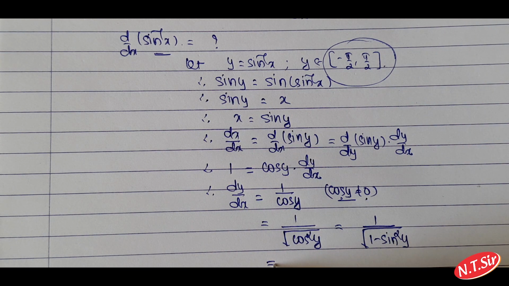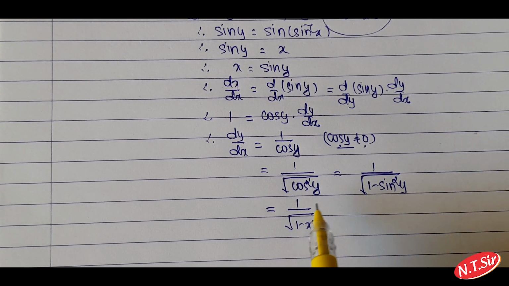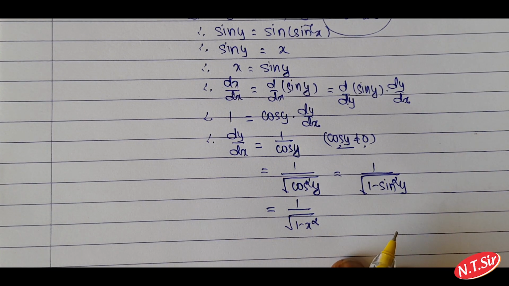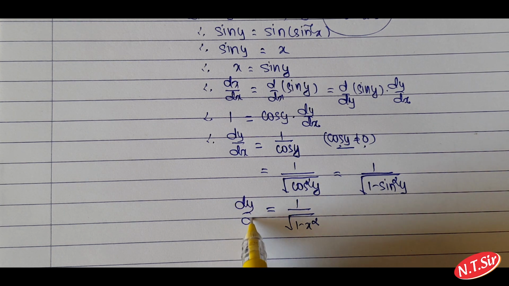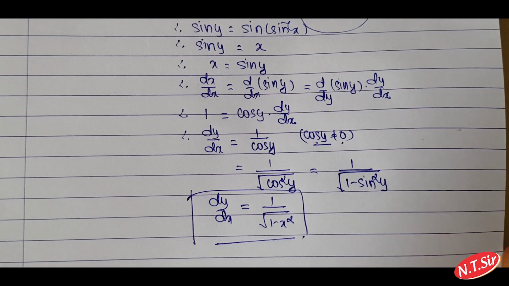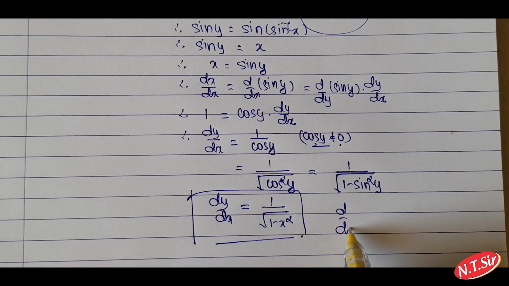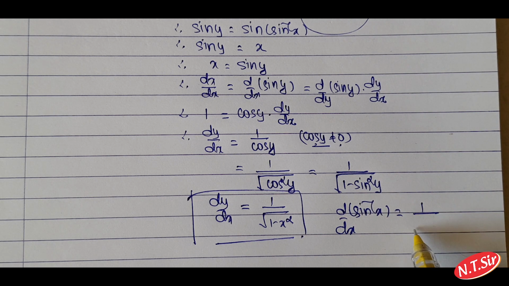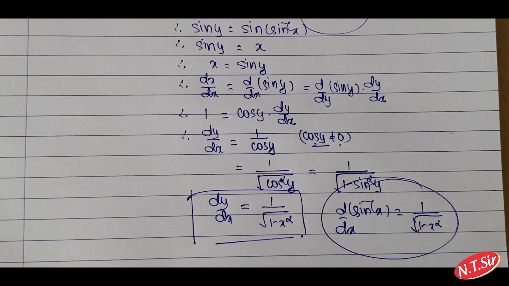So we get dy by dx is equal to 1 upon under root 1 minus x square. That means the derivative of sine inverse x is 1 upon under root 1 minus x square.